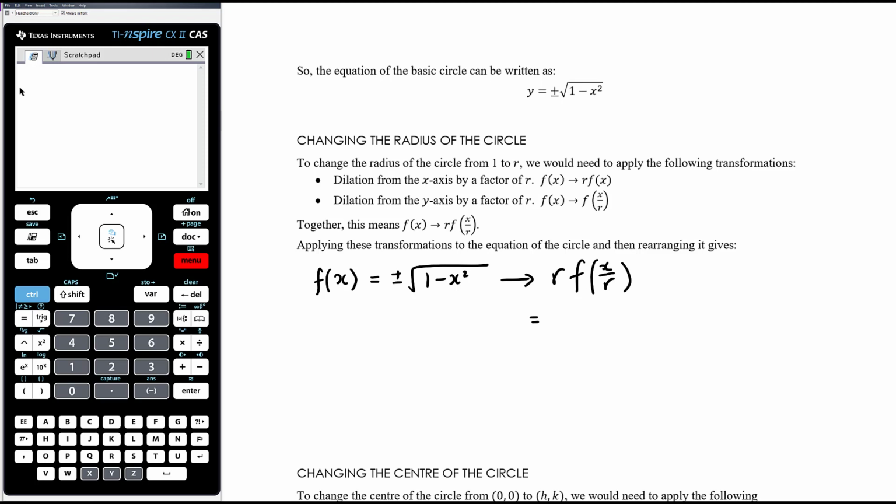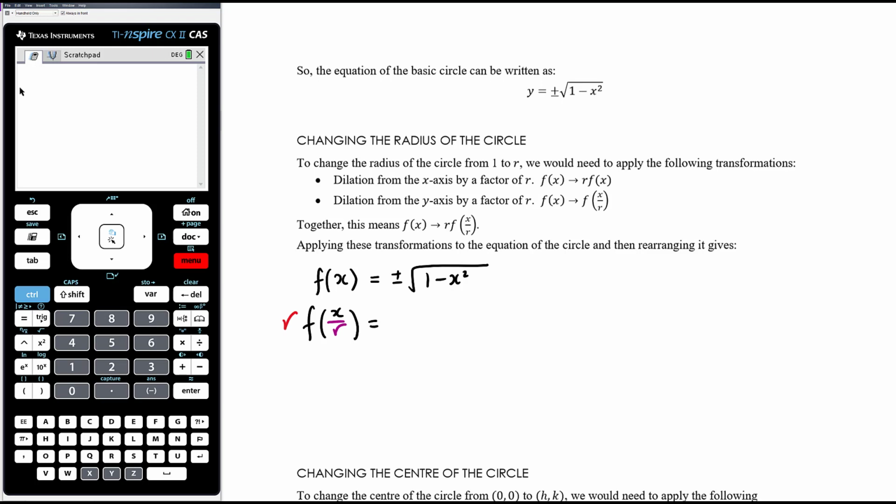And so that is going to be equal to, let me write that underneath actually, we're going to do r times f of x on r, which means, let me write them in different colours. That's the dilation from the x-axis, and that's the dilation from the y-axis.